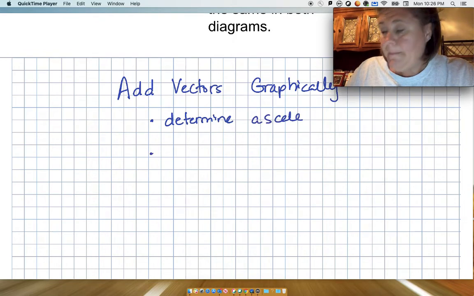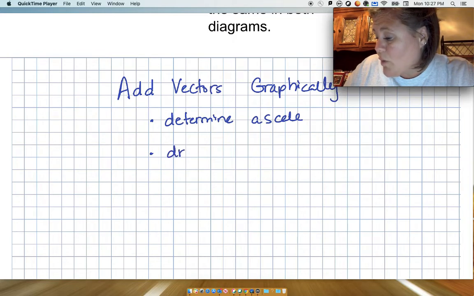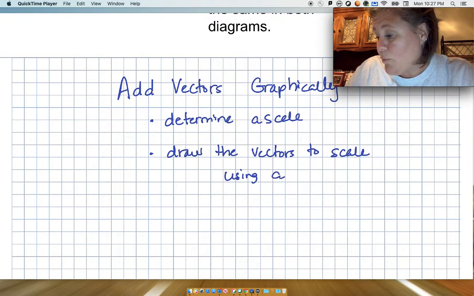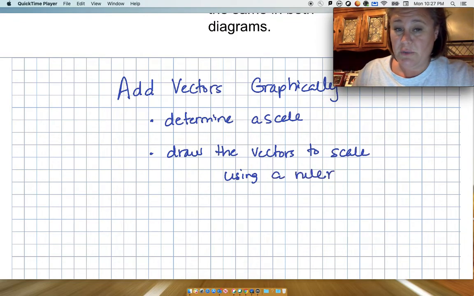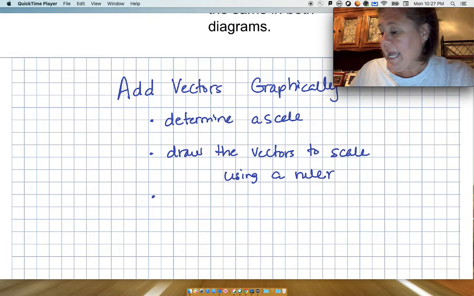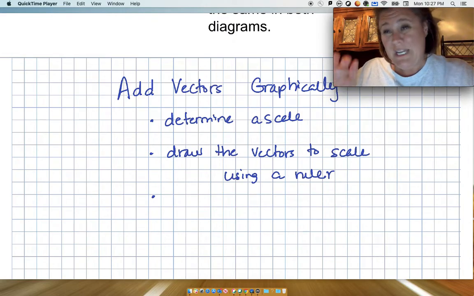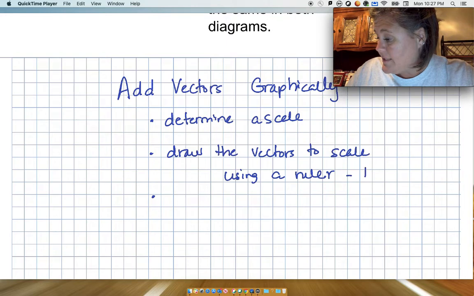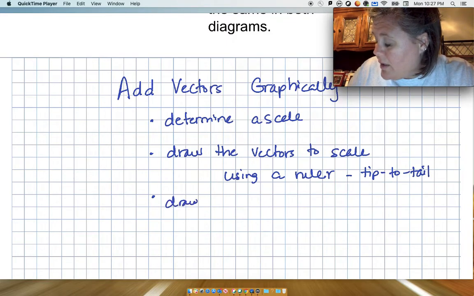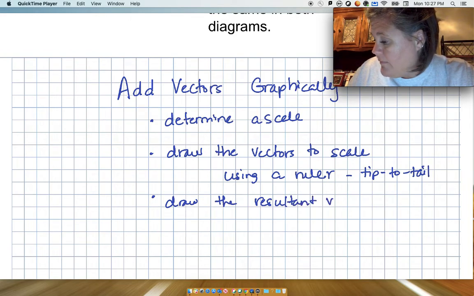The next step is you have to draw the vectors to scale using a ruler, which is really hard to do on the iPad. Then you need to make sure you're adding tip to tail, and then you need to draw the resultant vector.